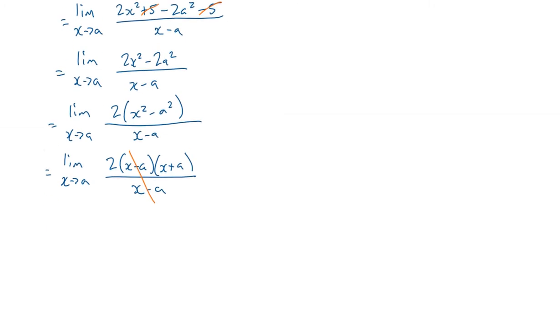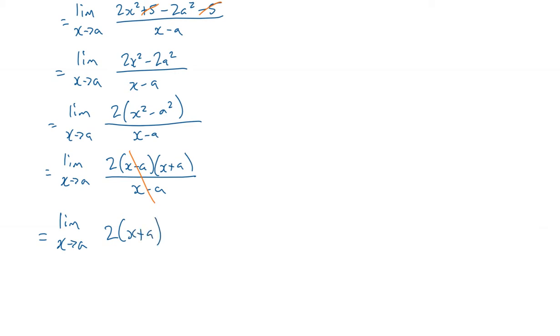That's what has to happen. If you get to this step and that doesn't happen for some reason, you've factored and there is no x minus a factor, well, then that means you've made some kind of calculation error. You set something up wrong, because that has to happen. So now we have 2 times x plus a.